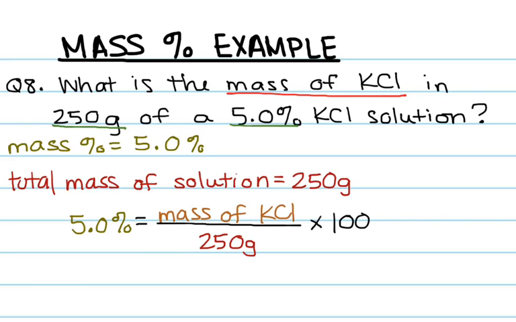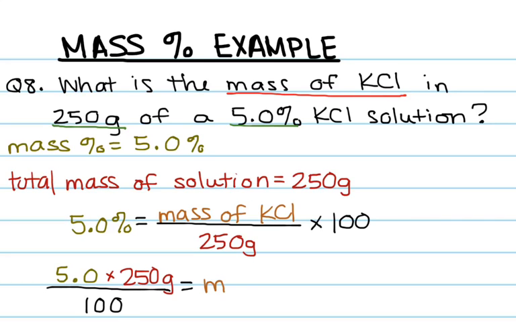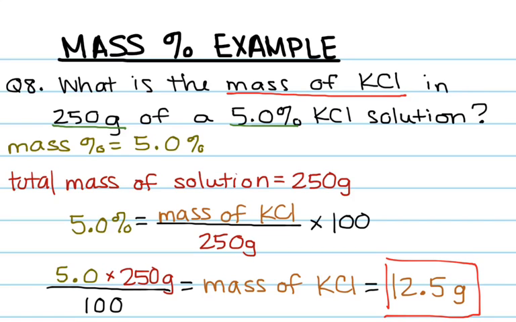We're going to multiply by 250 and divide by 100. That's how you rearrange it, just to get the mass of KCl on one side of the equal sign. Once you do that calculation, you get 12.5 grams. That's how many grams of KCl were dissolved in that solution.